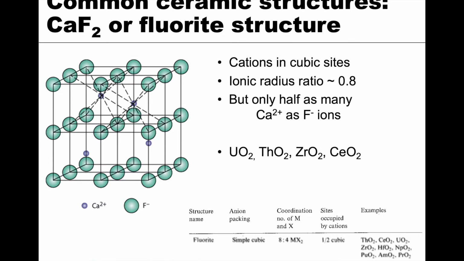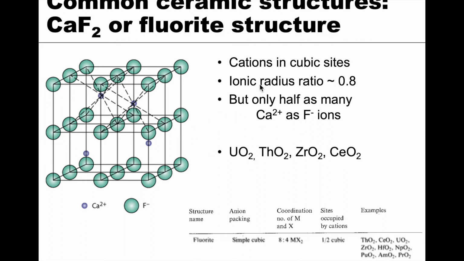This is called fluorite, and again, it's named for calcium fluoride, so named after the compound. But again, it can be a number of other examples. This one can actually be uranium oxide, thallium oxide, zirconium oxide, and cerium oxide. So a lot of metal oxides.